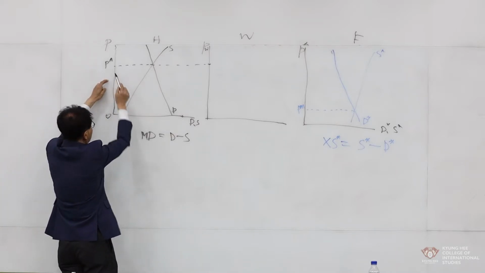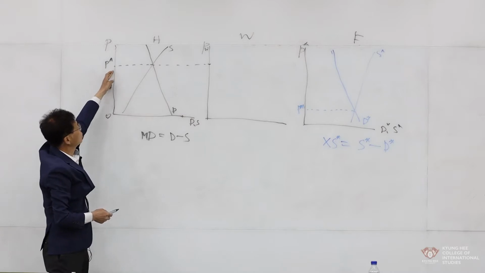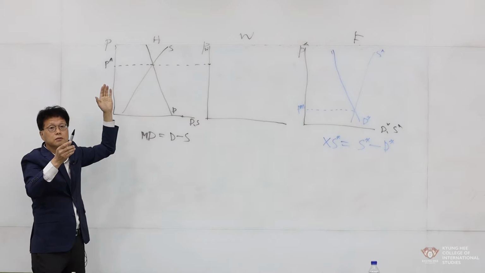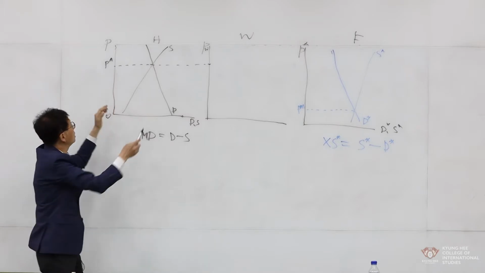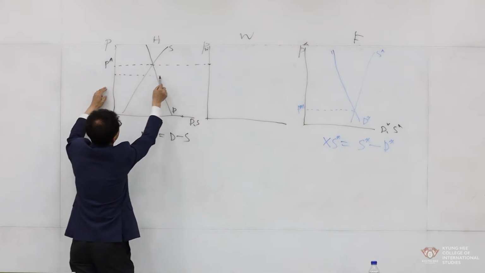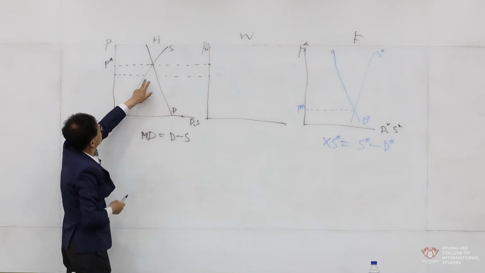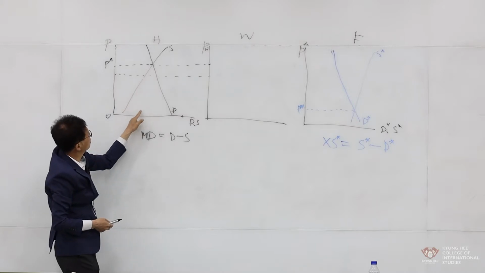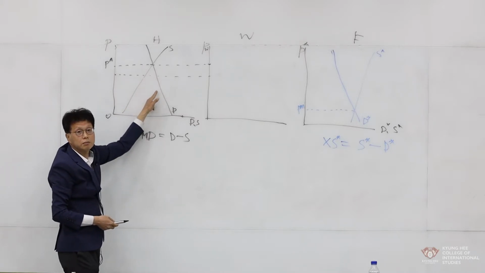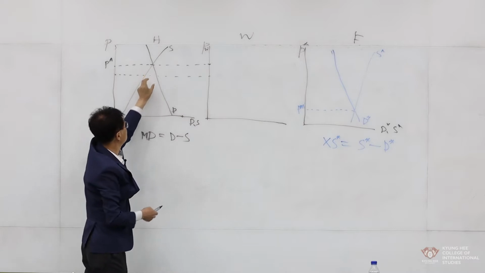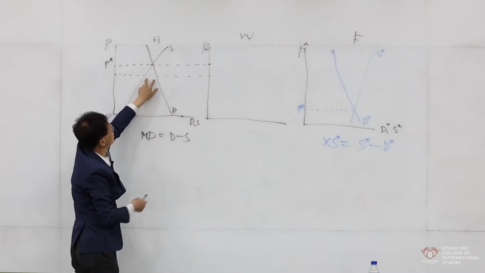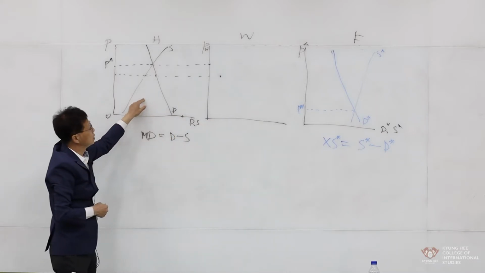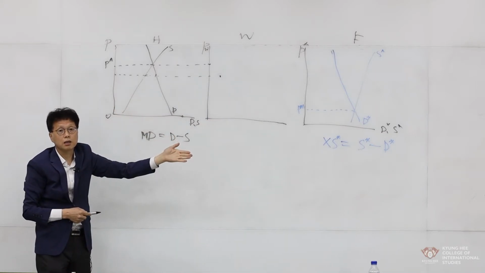But if the world price is lower than the domestic price, we import from the world market. So if the price is here, then what happens? At this world price, domestic production is smaller than domestic demand, right? The gap between the two is imported, this one imported from the world market.